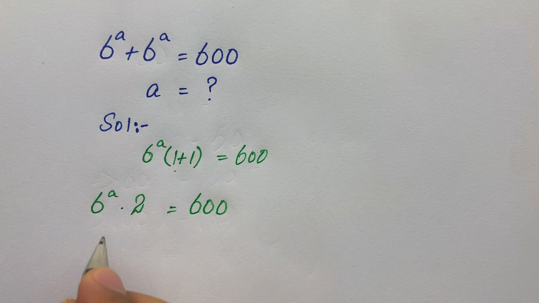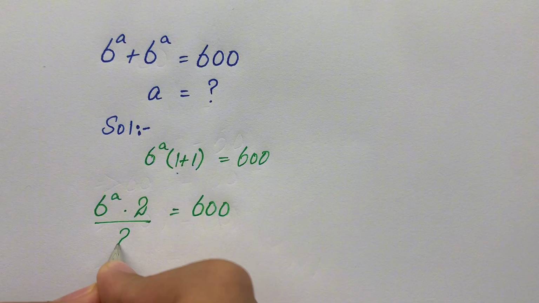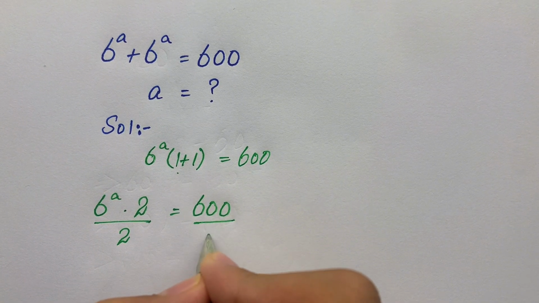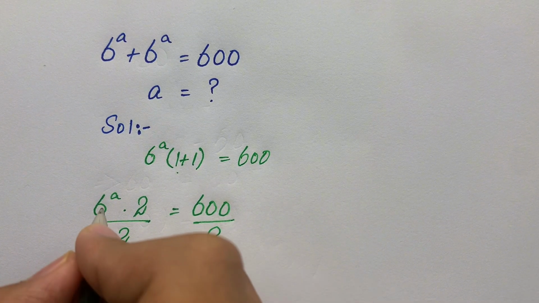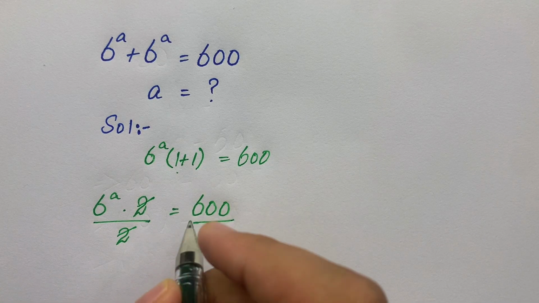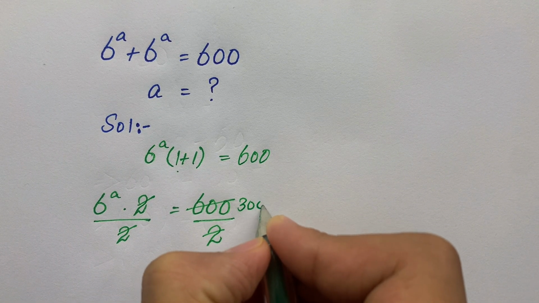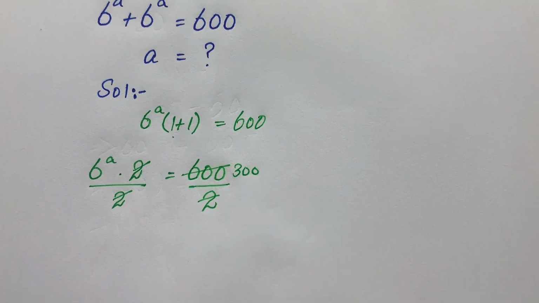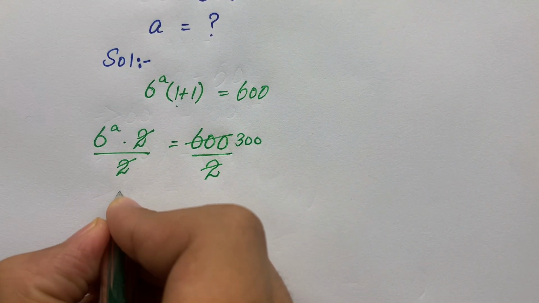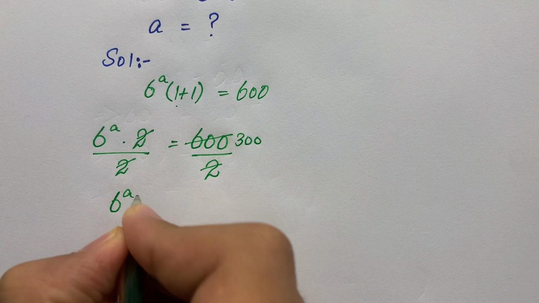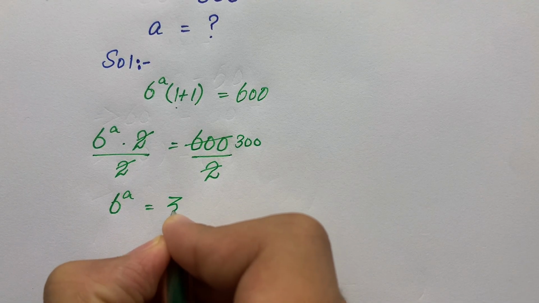Divide both sides by 2. The 2 cancels with this 2, and 600 divided by 2 remains 300. Here 6^a remains. So we get 6^a = 300.